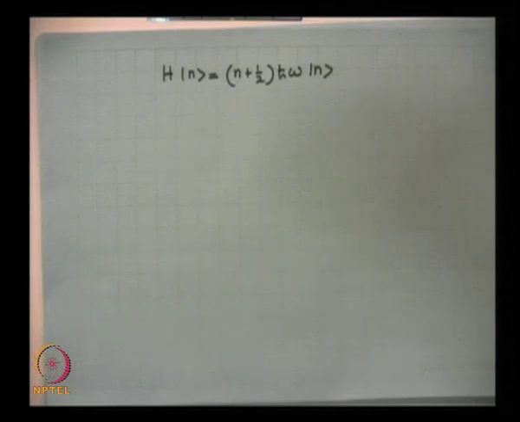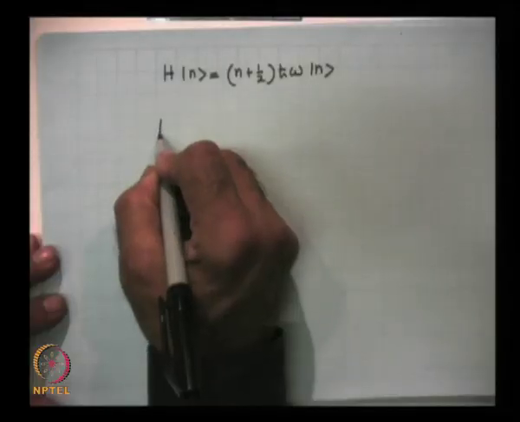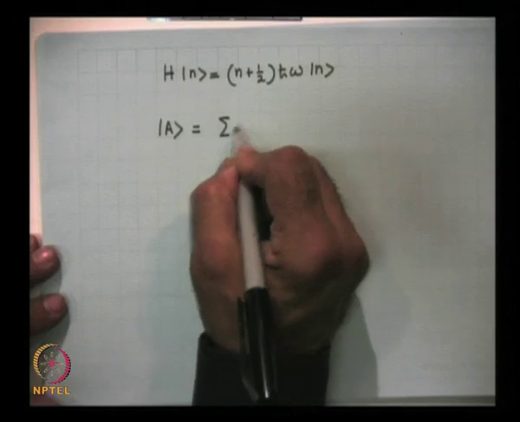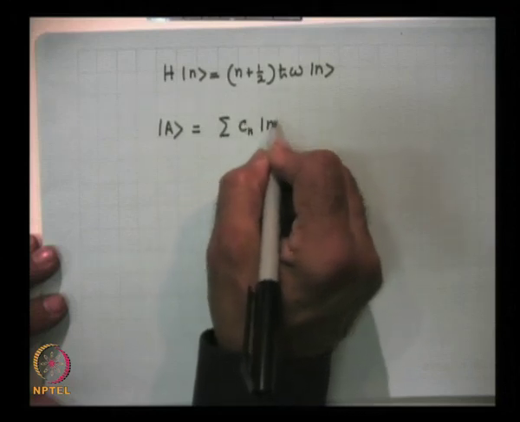Therefore, any state of a dynamical system should be expressible as a linear combination of the eigenstates of the observable, and the eigenkets of the observable must form a complete set of functions. So any arbitrary ket, say ket A, can be described as a linear combination of these.